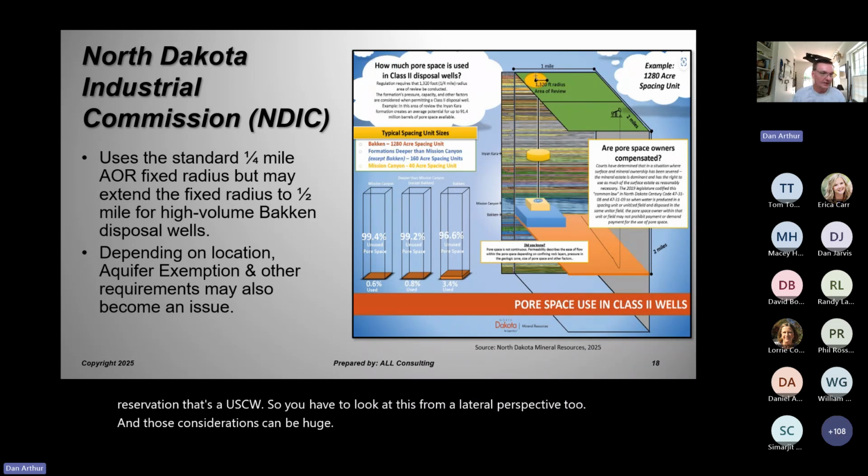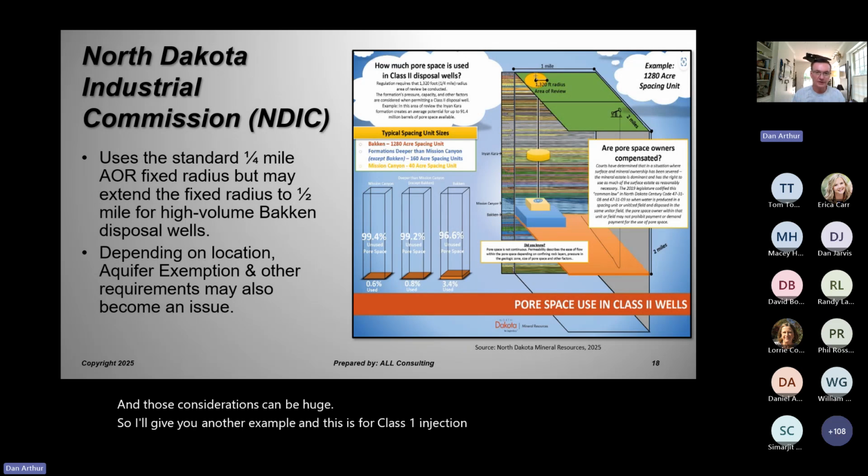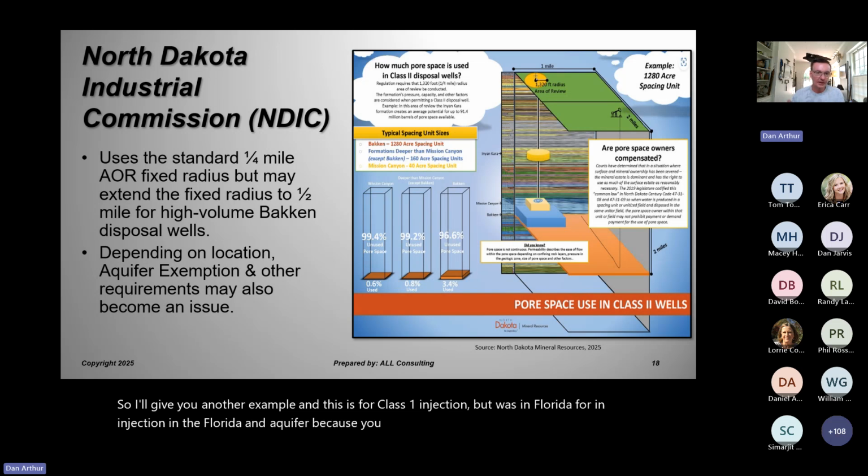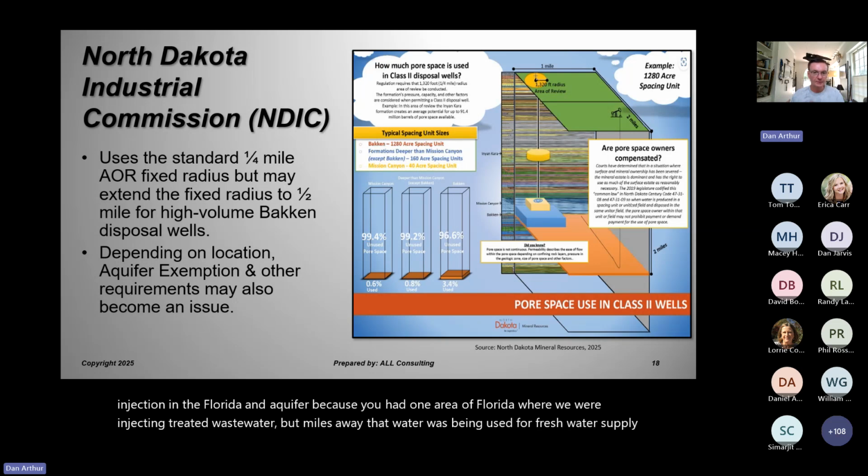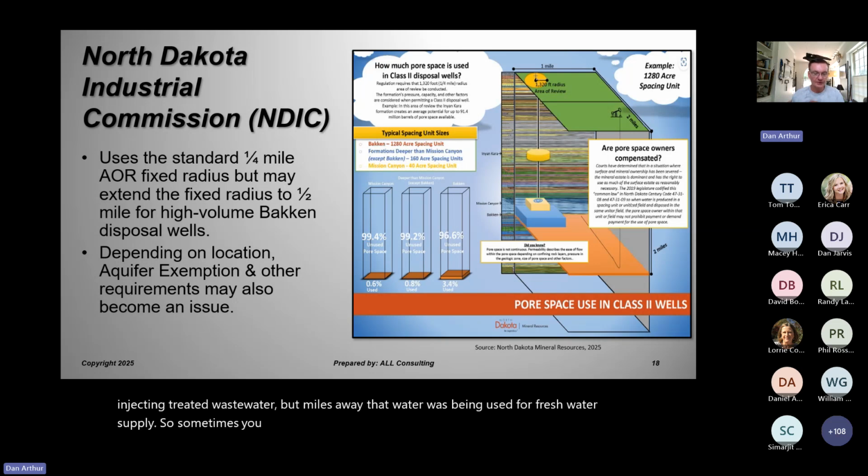I'll give you another example, and this is for Class I injection, but was in Florida, injection in the Florida aquifer, because you had one area of Florida where we were injecting treated wastewater, but miles away that water was being used for fresh water supply. So sometimes you not only have to look up or down for a USDW, you have to look laterally. There's so many things to keep in mind.